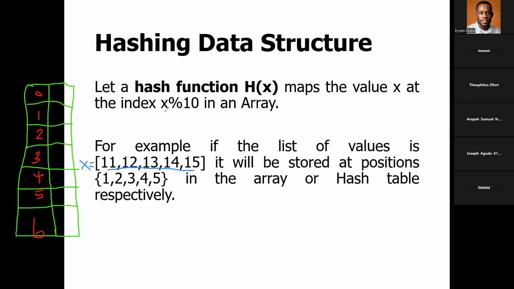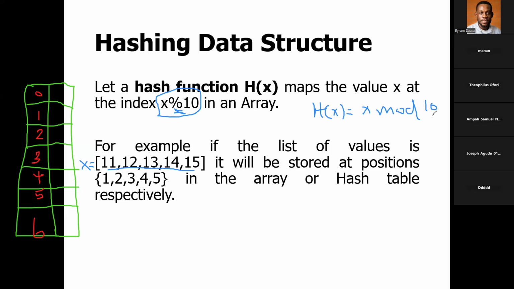And we've been given a hash function, which is this: our hash function h of x is equal to x mod 10. We know the percentage sign, anytime you use it in programming, is the operator for modulus.